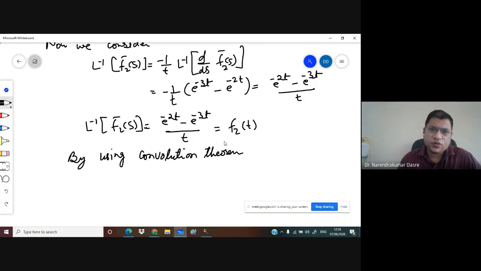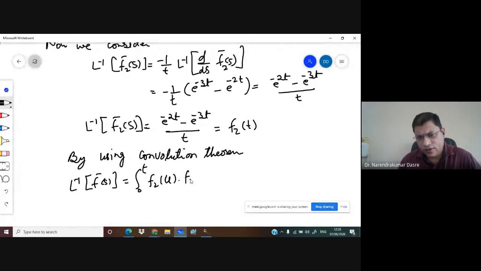The Laplace inverse of f bar of s is equal to the integral from 0 to t, where we put f2 of u and f1 of t minus u. As I have told you while considering the convolution theorem, whichever function you consider as f1 or f2 doesn't matter.